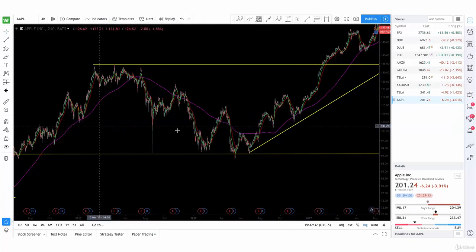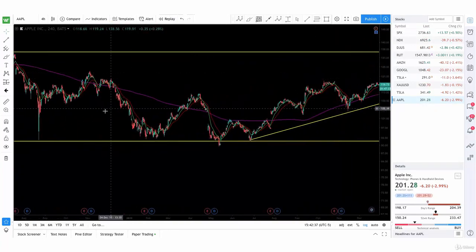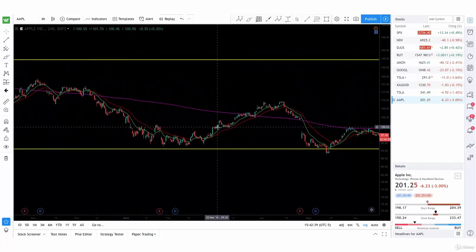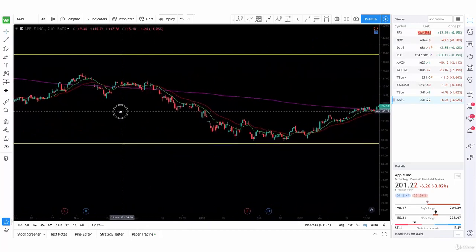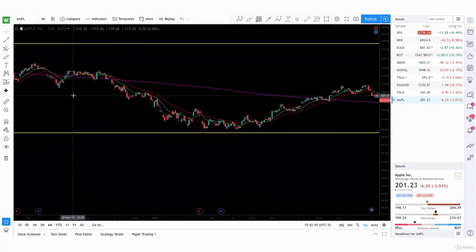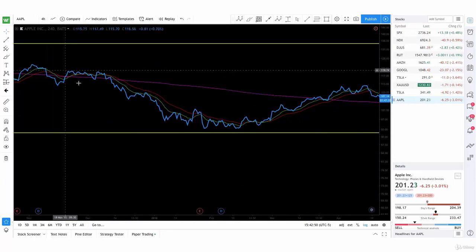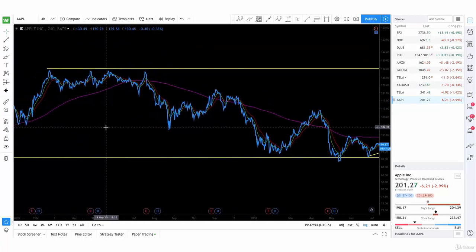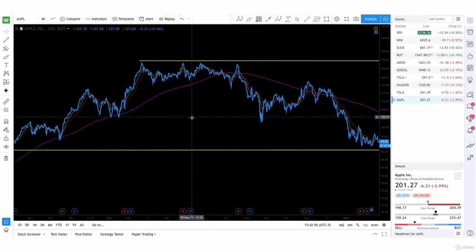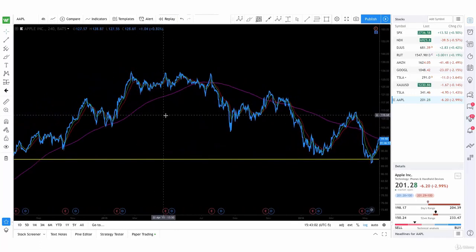Some people actually will take the closing only of price without taking into account the little wicks, and they will draw trend lines that way, which is also possible if you just go into a line chart. That's the easiest way to do it, because you're talking about the closings only. It's more of a clean way of looking at it.